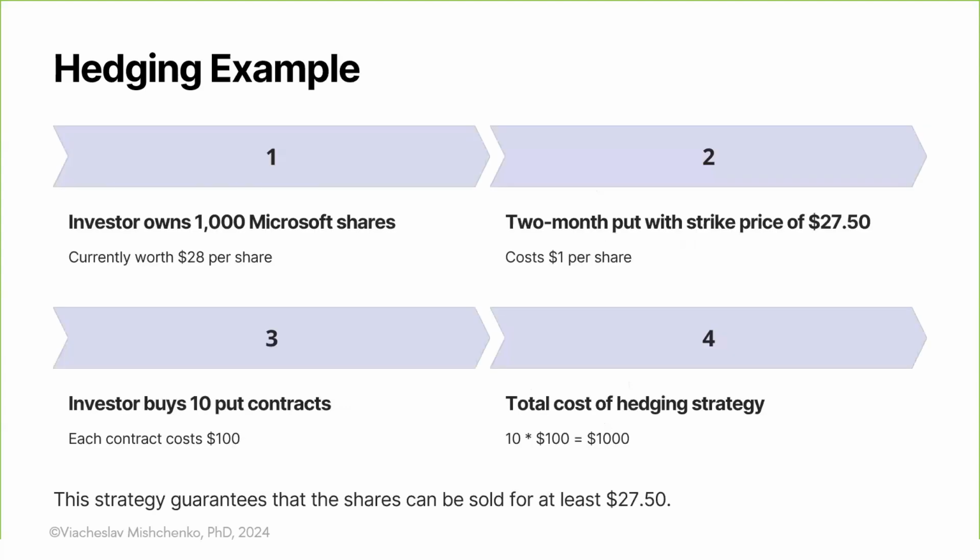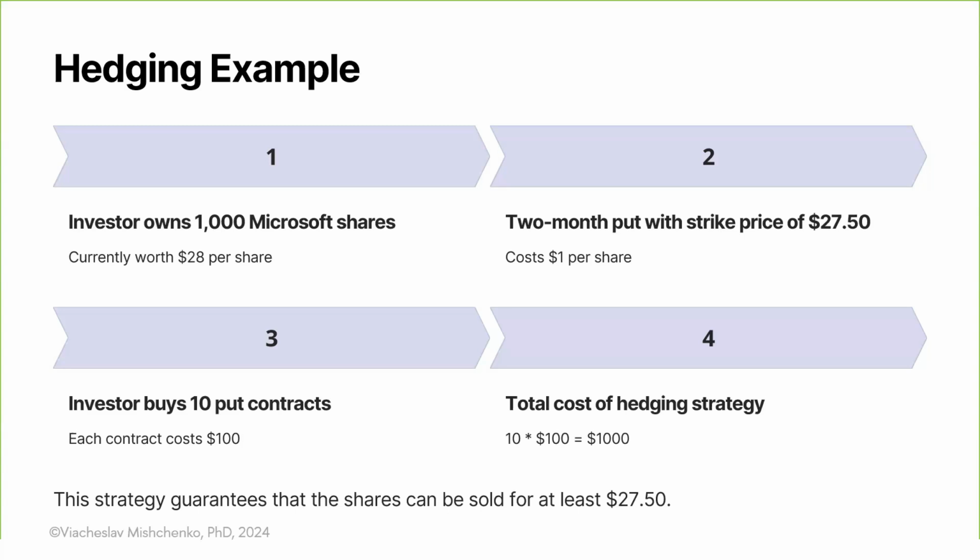So, another hedging example. Here you can see a practical example of hedging an equity position using options. We have an investor with 1,000 Microsoft shares, currently worth, let's say, $28 each. They buy put options with a strike price of $27.5, at a $1 premium per share.